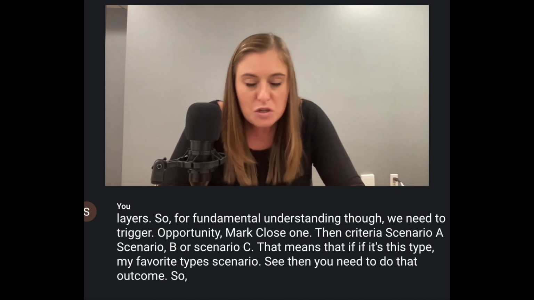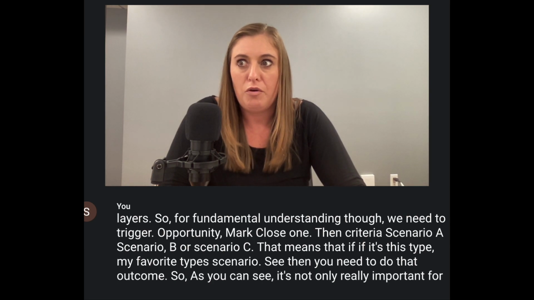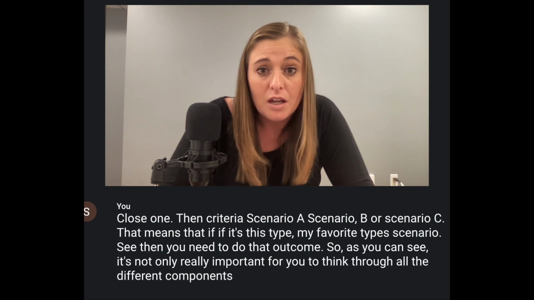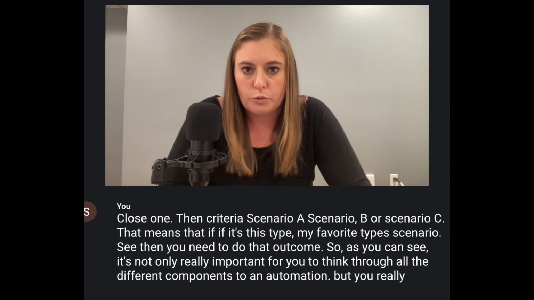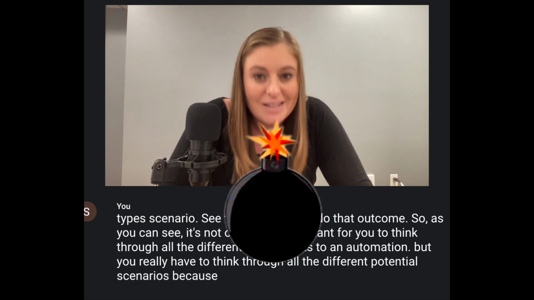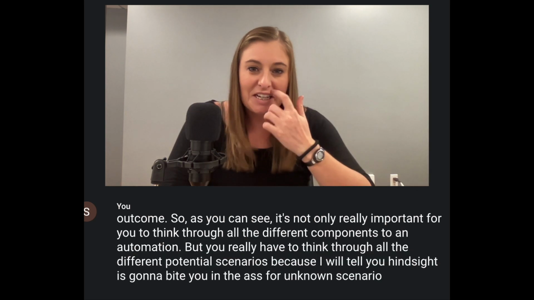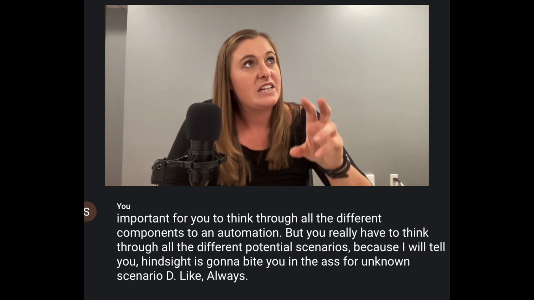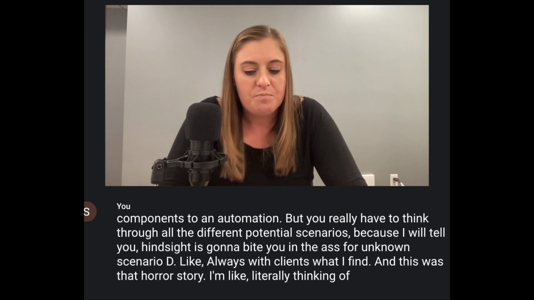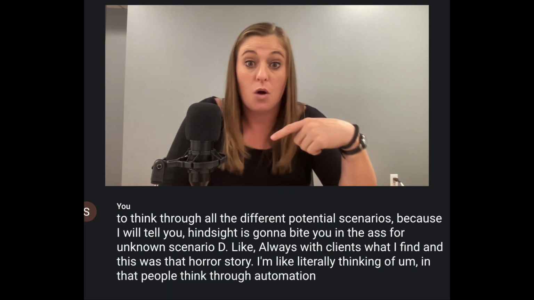So as you can see, it's not only really important for you to think through all the different components to an automation, but you really have to think through all the different potential scenarios, because I will tell you, hindsight is going to bite you in the ass for unknown scenario D. Like always with clients, what I find, and this was that horror story I'm literally thinking of, is that people think through automation forwards and they really don't think backwards.